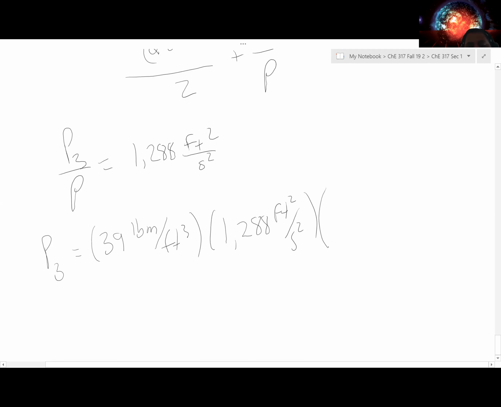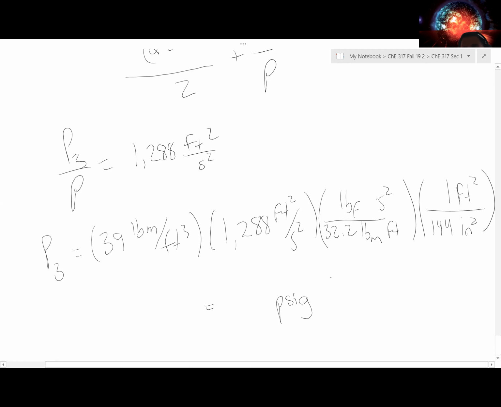And I need pressure, probably in PSIG. So I'm going to divide by 32.2 pound mass foot per pound force second squared. And then I'm going to divide by 144 square inches in a single square foot. And this will leave me a pound force per square inch, or PSI, and since I made an assumption in gauge, my answer would be in gauge as well.